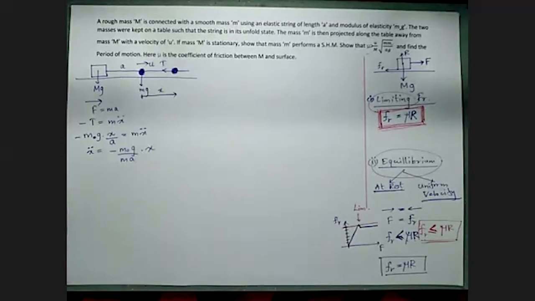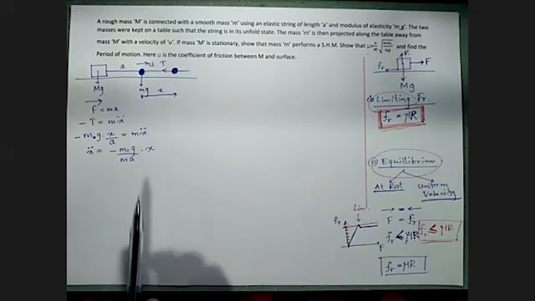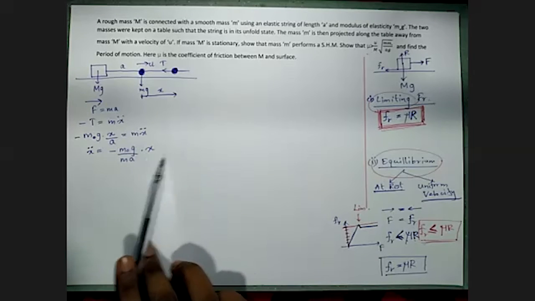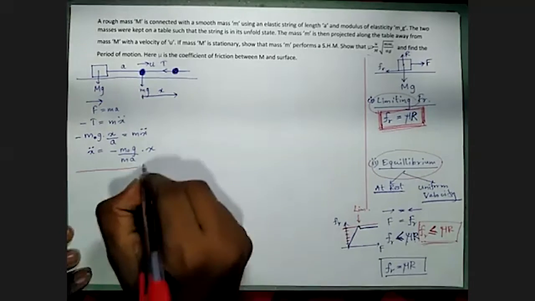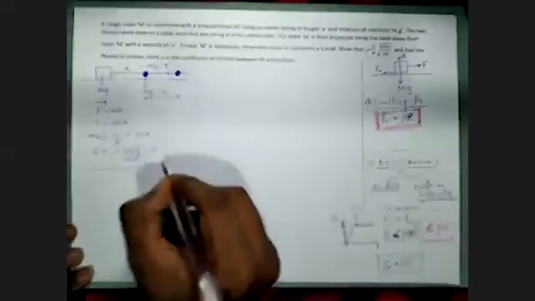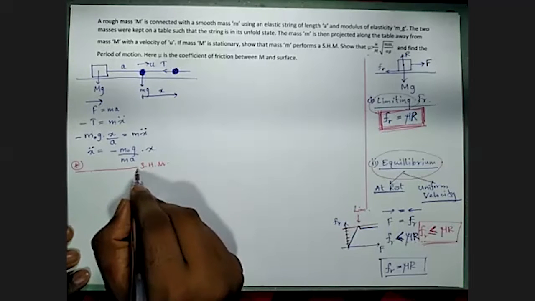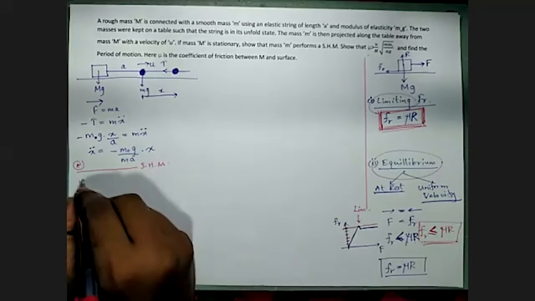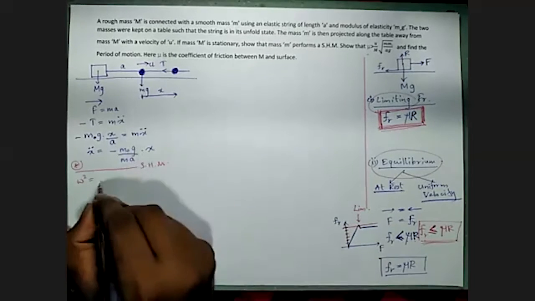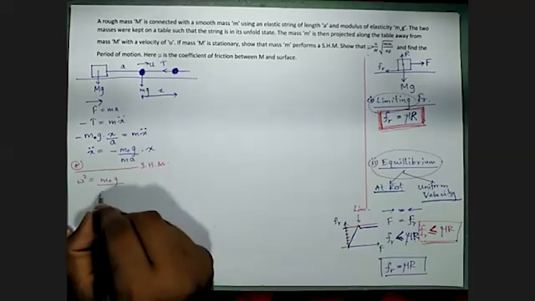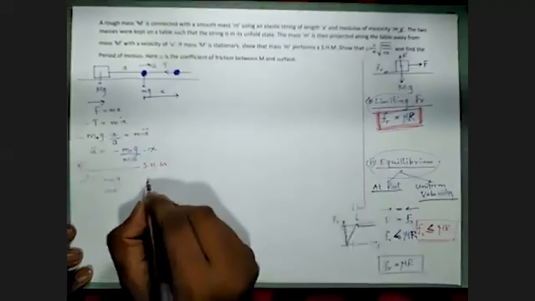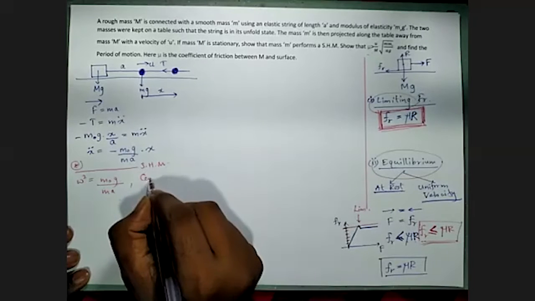Is this our characteristic equation? Yes. The only difference is there is no bracket. Still, this is the characteristic equation of a simple harmonic motion. You have to write that statement. This is in the form of a characteristic equation of simple harmonic motion, where omega square, the constant, is m naught g over m A, and center, what is the center?